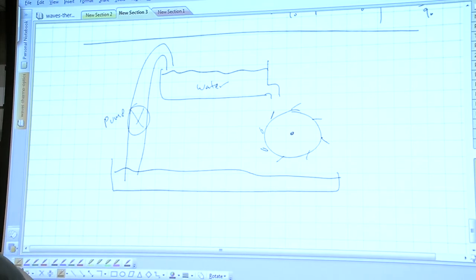Okay, so the amount of work that the water is doing, turning that wheel, how much work we can get out of the water, depends on what? Depends on the flow of water. So if we have just a little bit of water coming out, we get a little bit of work out. If we have a lot of water, we get a lot of work out.